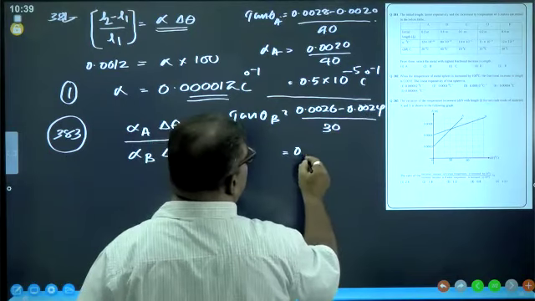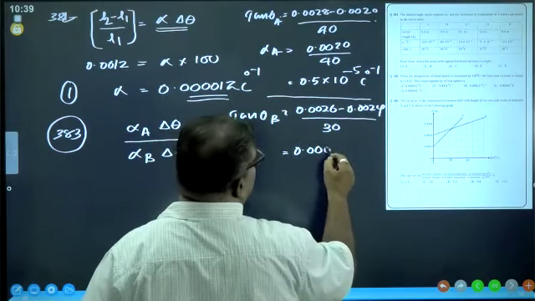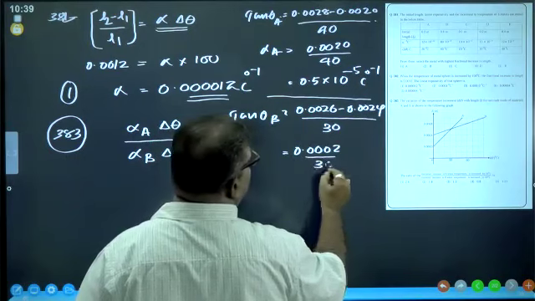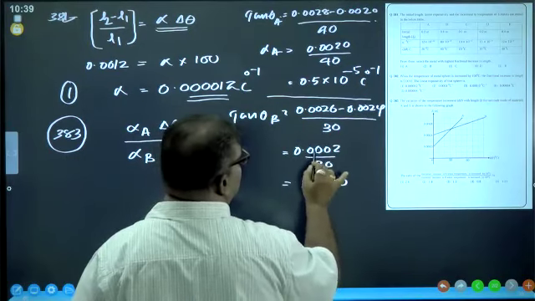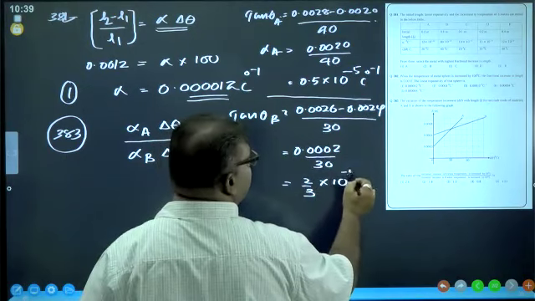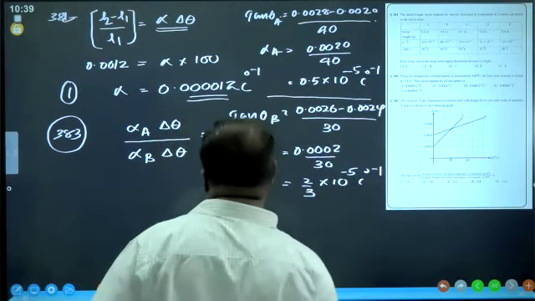Here we have 0.0002 divided by 30 now. It's 2 by 3 into 10 to the power minus 5 per degree Celsius.